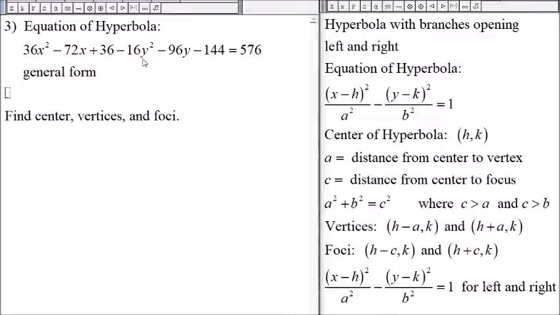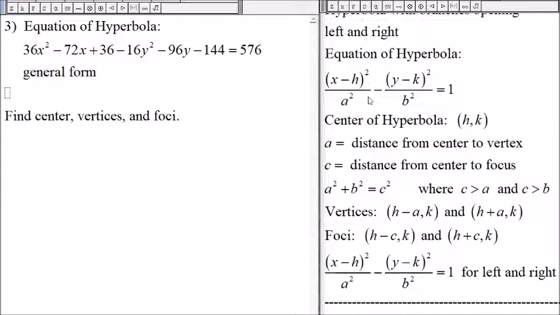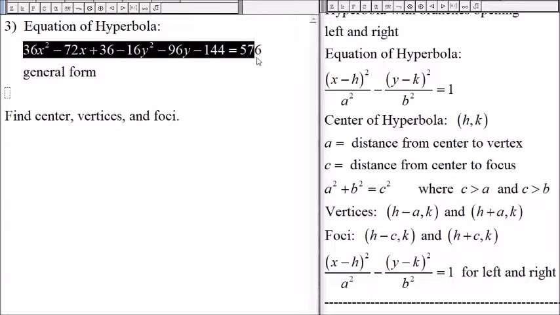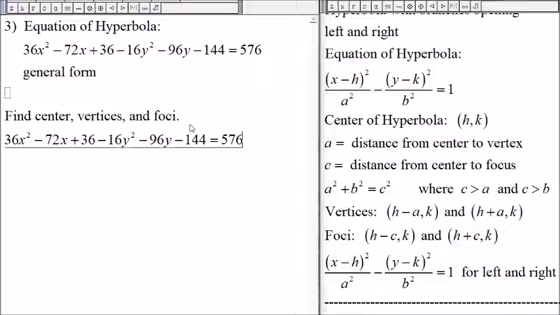When the hyperbola is written in general form, then we don't know what h is, what k is, or what a or what b is. So what we have to do is rewrite this equation right here in standard form. And so to get this in standard form, first group all the terms with x together.